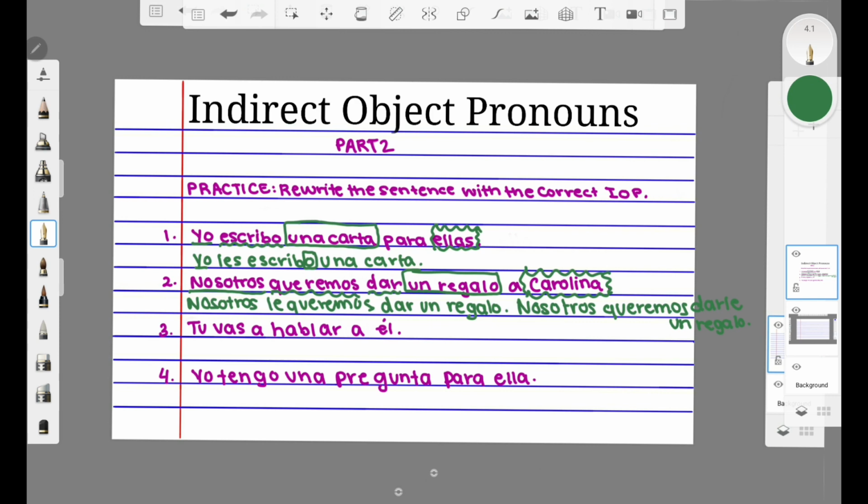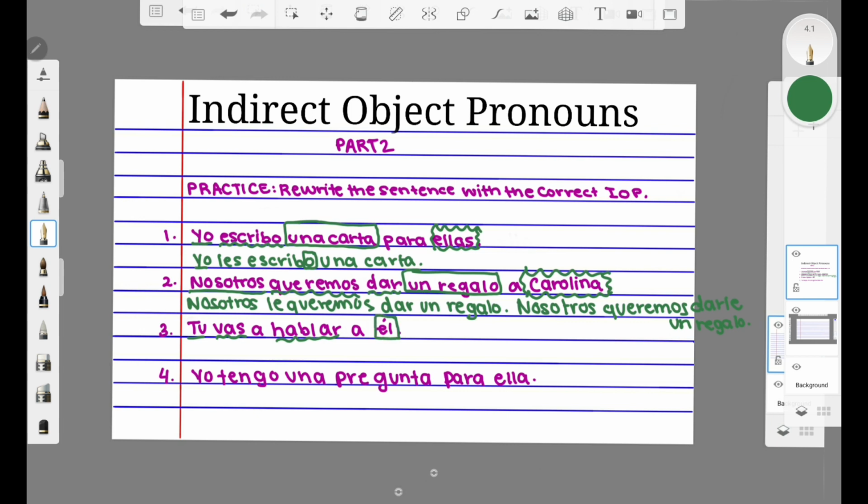All right. Number 3. Tú vas a hablar a él. So again, we have two different verbs. We have vas from ir and hablar not conjugated. Tú is our subject, vas and hablar are our verbs, and él is our indirect object.